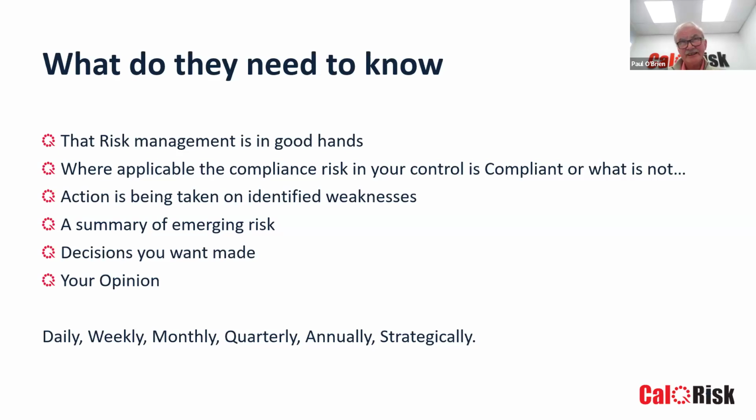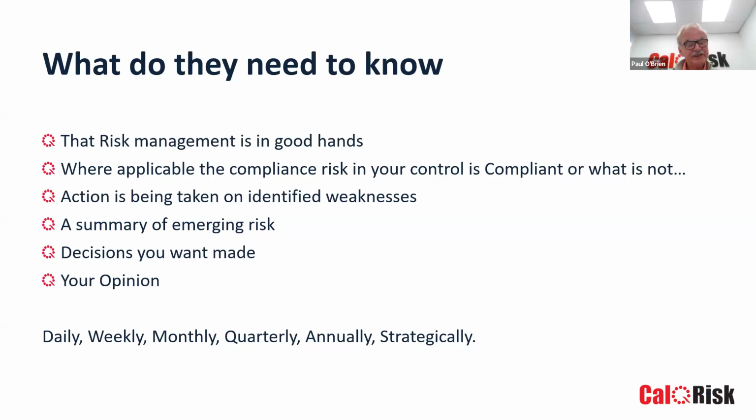And one of the things that is also useful for them to understand is your opinion. So if you have an opinion on something around risk, around some of the risks that you're confronting, about some of the things you keep repeating, about some of the things that they need to be aware of and they can help with, make sure they know that. In the reporting cycle, put notes down here.